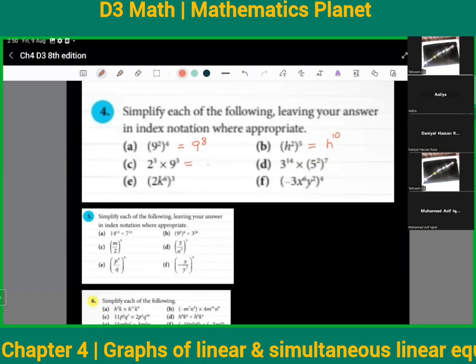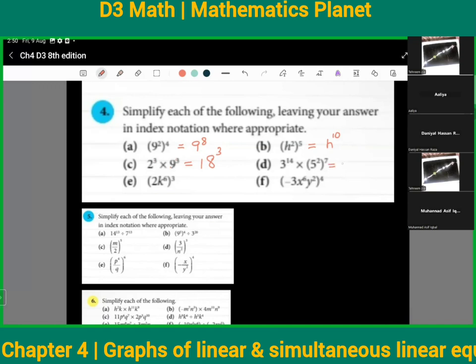Yes, teacher. 2 multiplied by 9 equals to 18 to the power of 6. No. Power of 9. 18 to the power of 3. Very good. Because when bases are different and power the same, you will multiply bases, power will remain as it is. Yes. Okay.